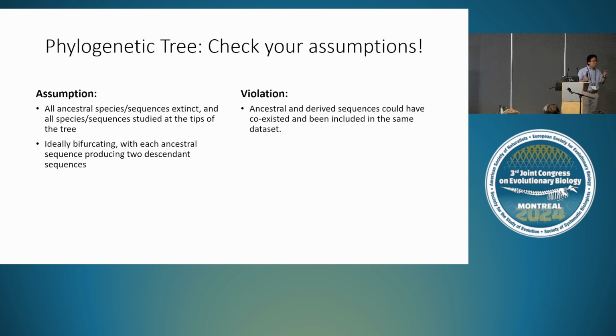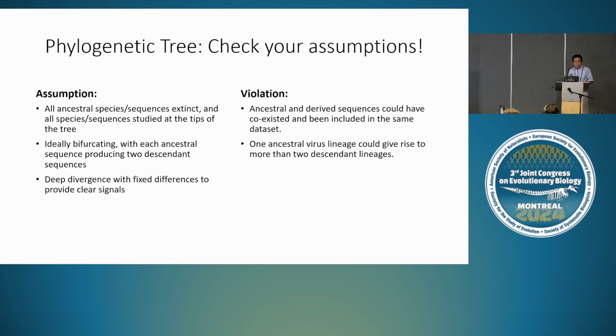If you have multifurcation, you would consider that not a very well resolved tree. But in the case of ongoing SARS coronavirus evolution, you could have one ancestral virus lineage giving rise to many different descendant lineages.